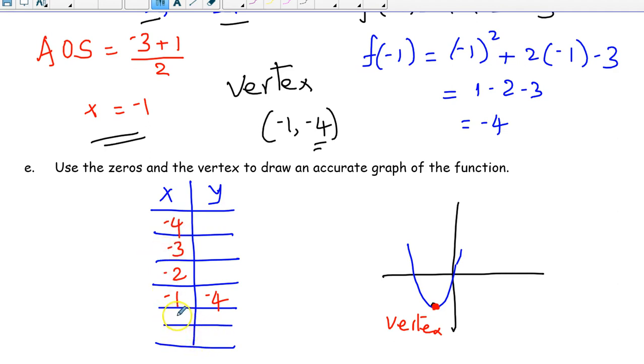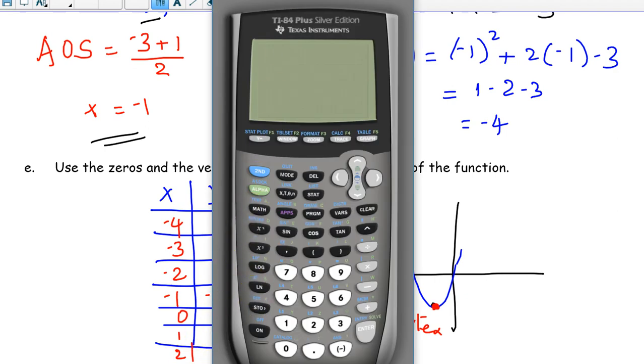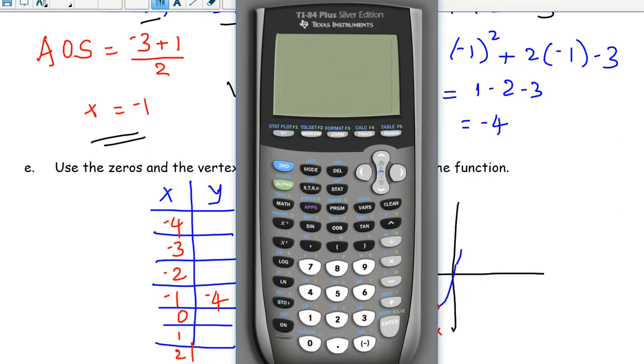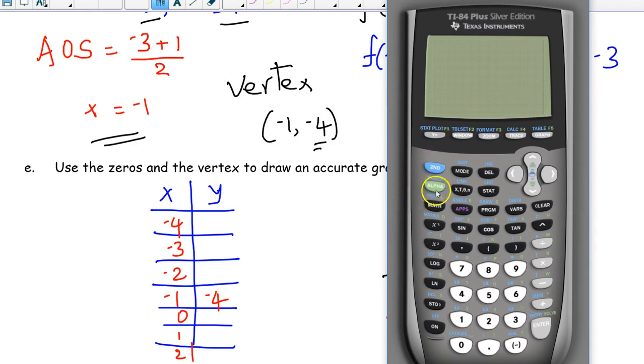And when you go higher up, -1 plus 1 is 0, 0 plus 1 is 1, and even 2, you can write one more value. And what are the y values for this? Corresponding y values, we are all familiar with the calculator, so make sure that we have the right function. Y is equal to x square plus 2x minus 3.